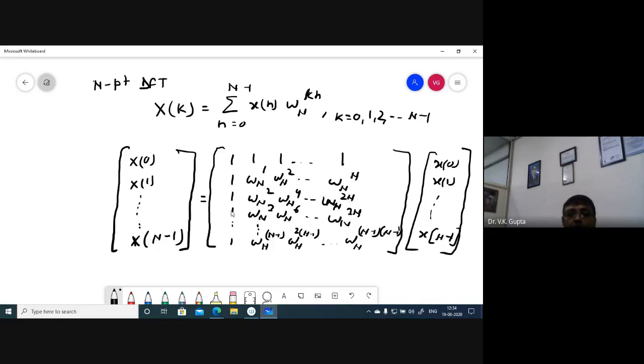Then the fourth row, 3, 6, 9 up to 3N. Then W_N^4, 8, 12 and so on. Similarly at the N minus 1th row, W_N^(N minus 1), W_N^(2(N minus 1)), up to W_N^((N minus 1)(N minus 1)). This is the matrix.